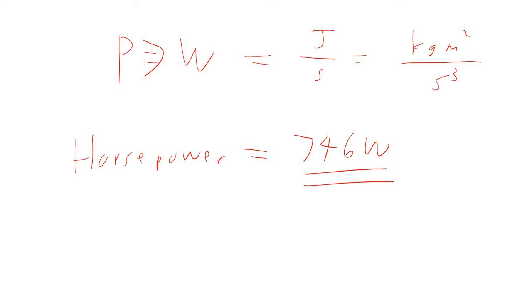And so you often, for example, have motors, and you might have a motor here that has a power output of 12,500 watts. But that's kind of a big number. We don't really like to write really big numbers if we don't have to.